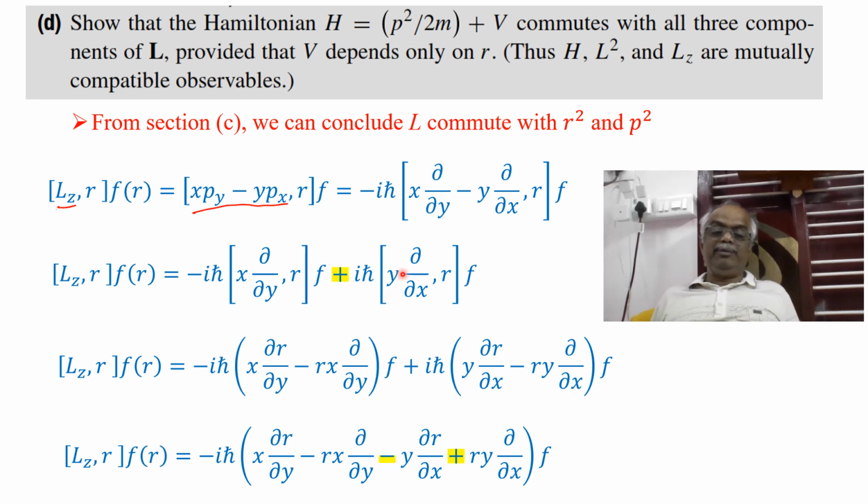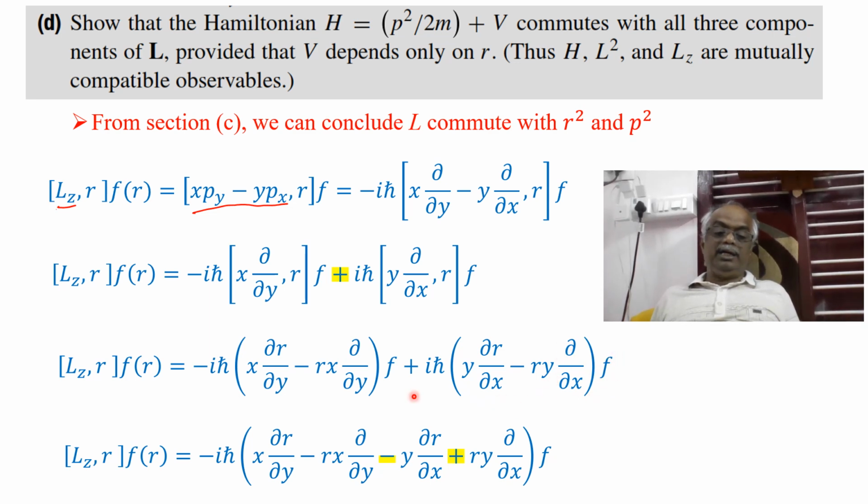You do the same thing here: AB minus BA, where A is y delta over delta x and B is r. Then minus BA, where B is r and A is y delta over delta x. Of course, you have f.